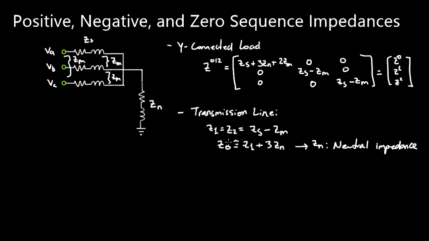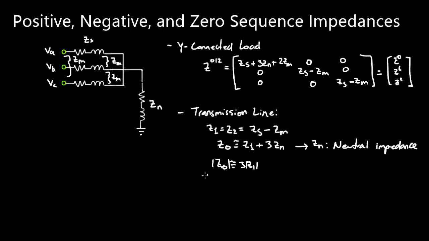And from what I've seen just from industry and working on many transmission lines in the past, this zero sequence impedance is roughly 3 times the positive sequence impedance. The absolute value of that, of course. Or in other words, the magnitude of those.